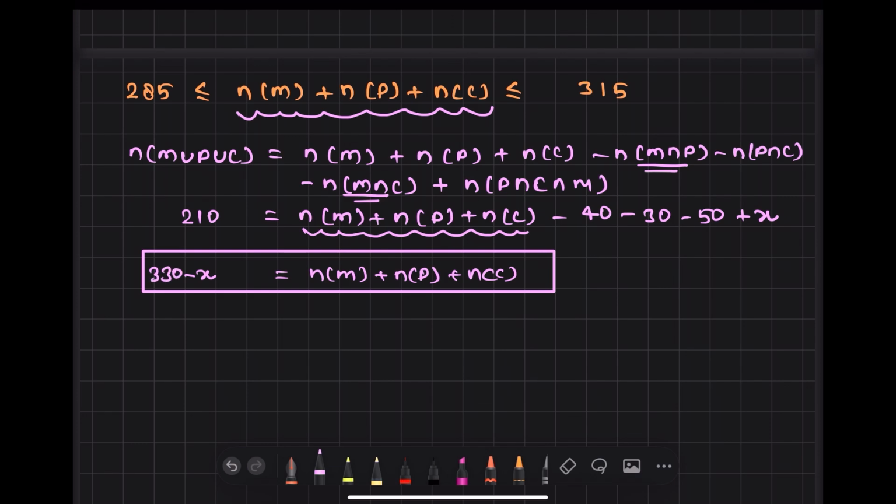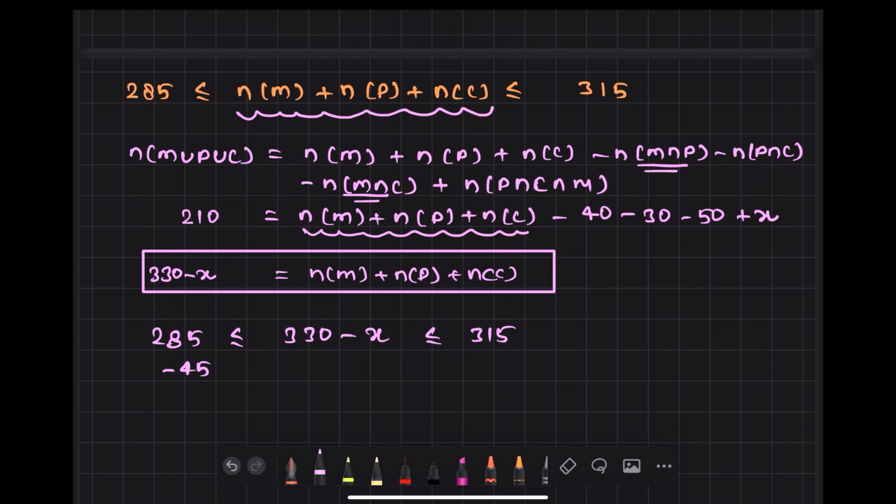Now we substitute: 285 is less than or equal to 330 minus x, which is less than or equal to 315. Let's subtract 330 from both sides. 285 minus 330 is minus 45, and 315 minus 330 is minus 15.